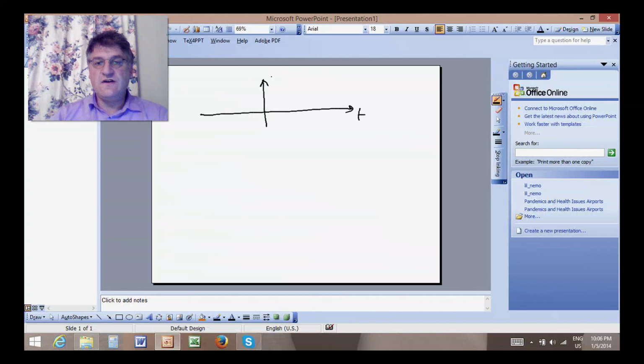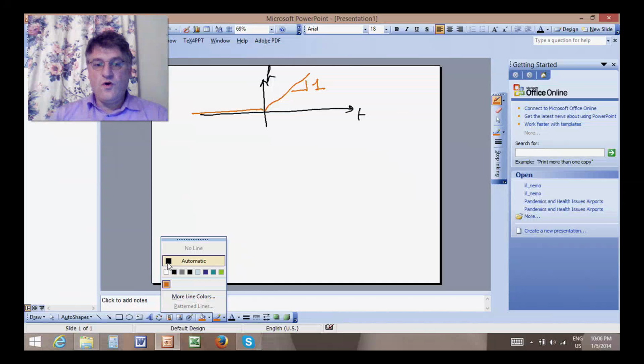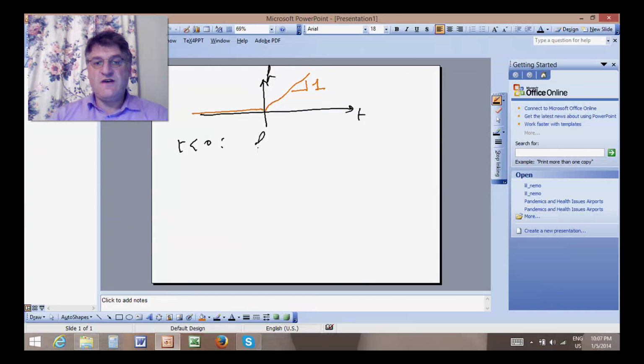If this is t, and this is the value f, a ramp is 0, and then it goes up like this with a slope of 1. So in other terms, when t is less than 0, f of t is 0. When t is greater than or equal to 0, f of t is t.